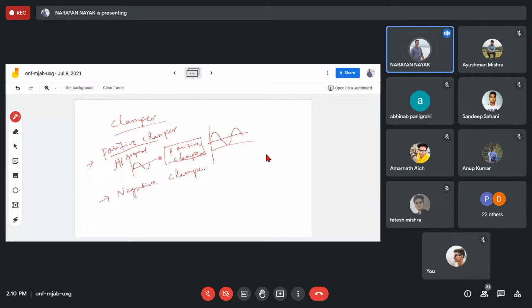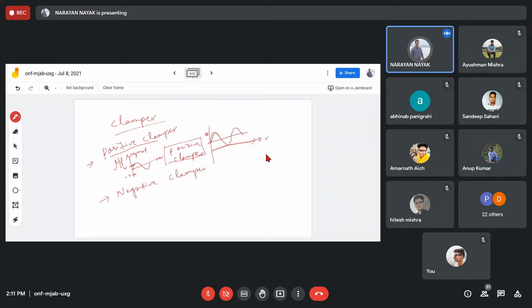Let us say this is 0 volt, and this is your signal, with V and minus V. Now this is the zero level, and the signal is raised up. Understood?